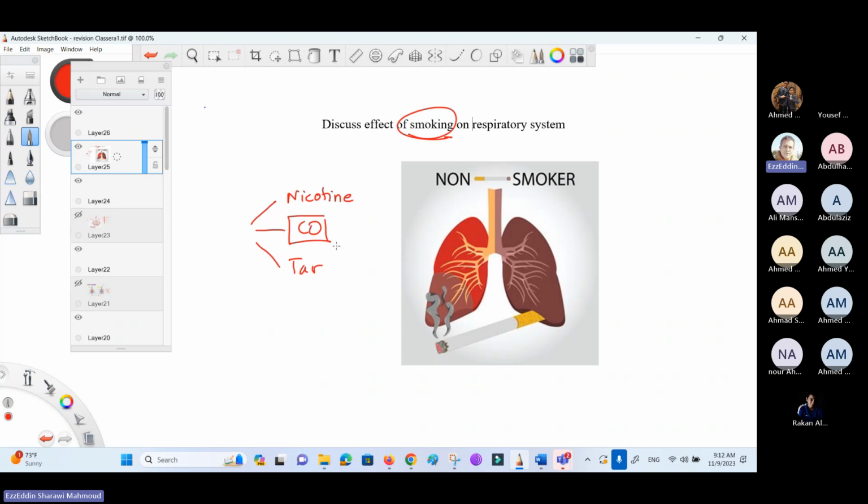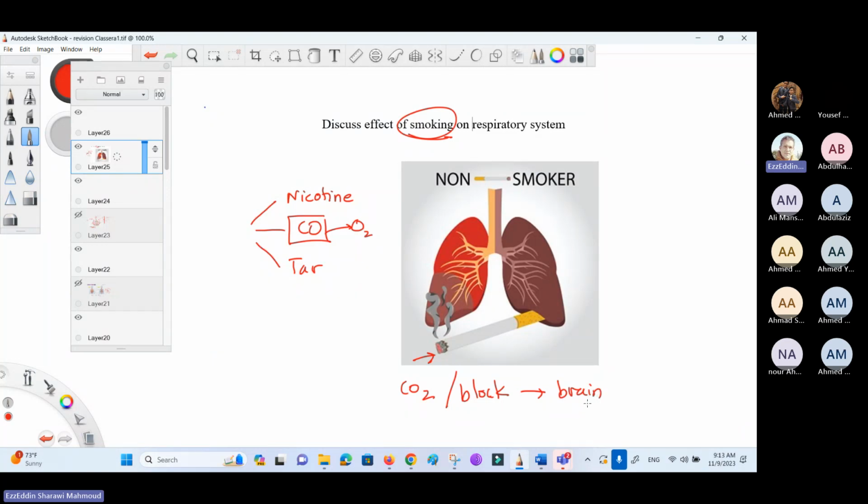Carbon monoxide. It is worse than carbon dioxide. Why? Because carbon monoxide can prevent hemoglobin from combining with oxygen gas. When the cigarette is incompletely burned, it produces large quantities of carbon monoxide gas that can block oxygen gas from reacting with hemoglobin, and it leads to the shortage of oxygen gas carried to the organs of the body and especially the brain.